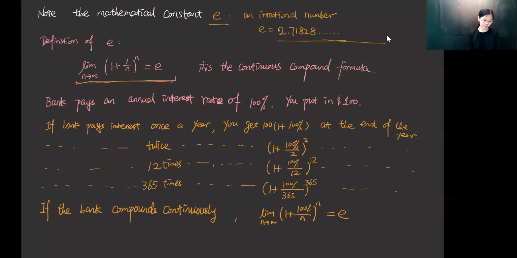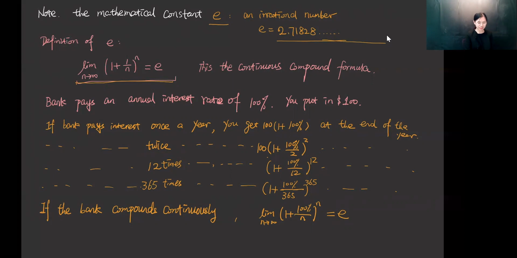So if the bank pays you an interest twice a year and you do not take out the interest when the bank pays, then what you will have at the end of the year is 100 times 1 plus 100% divided by 2 squared.